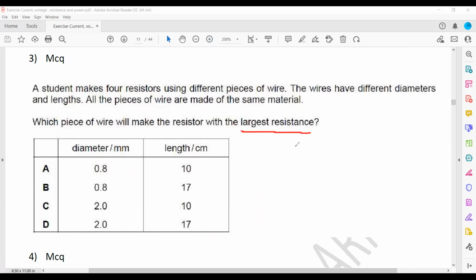So the length should be more, and the area should be small to have a larger resistance. So the diameter should be small, so the answer can be either A or B. And the length should be longer, so it will be B. Because thinner wires have higher resistance than thicker wires, and longer wires have higher resistance than shorter wires. Is it clear? Any discussion?